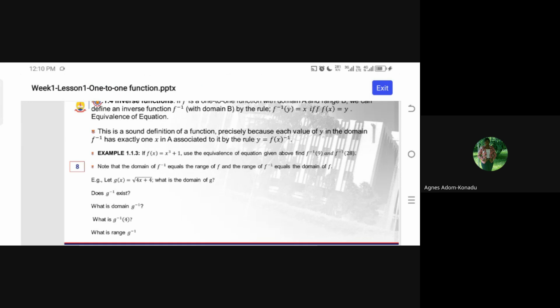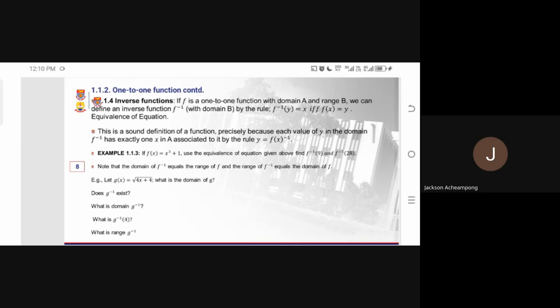So the next thing is you want to find g. Madam Charity, yes please. When you were solving, I could see that immediately you wrote square root of 4x plus 4, you eliminated the square root and then started solving it. My question is, where did the square root pass? Okay, thank you.